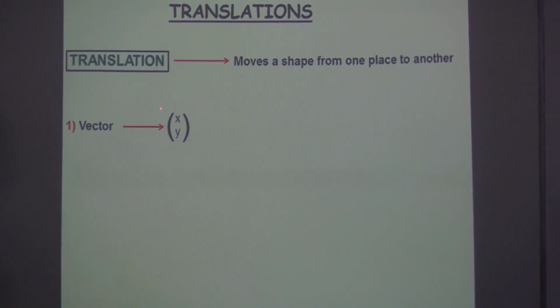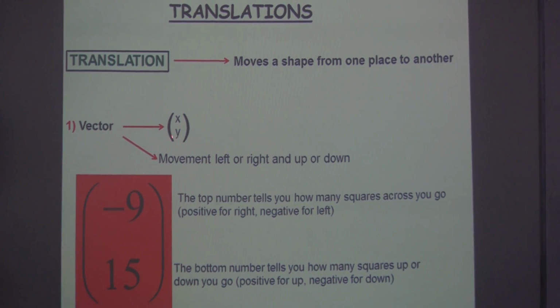And it's written like this, so you've got your x and you've got your y. Now, what the x and y tells you is which direction your shape is moving. So the top value here, I've got an example for you. Got -9, 15. This is called a column vector. Okay, so the x has been replaced with -9, and this top number here tells you whether you'll be moving in the right direction or the left direction.